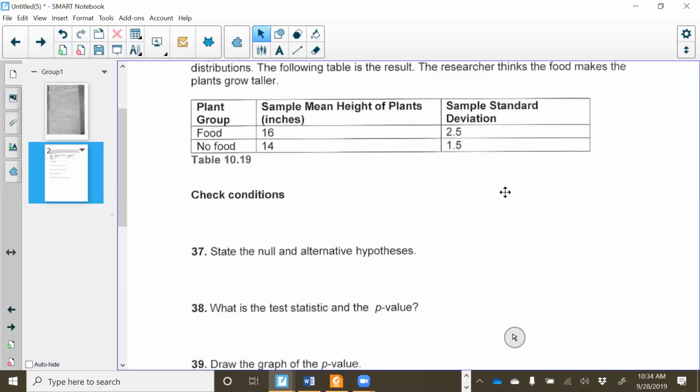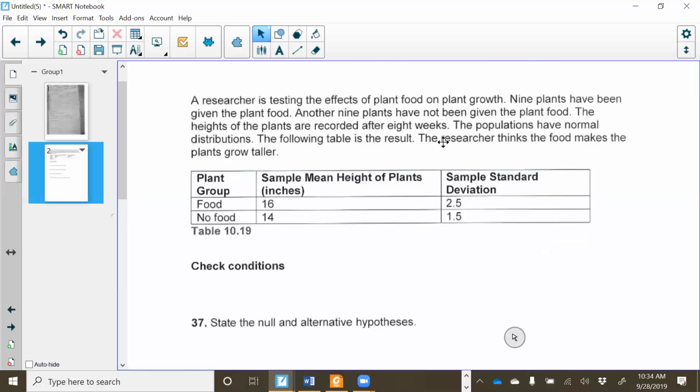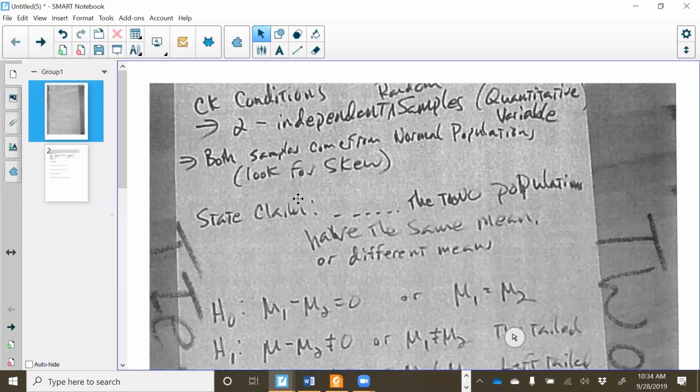So what are the hypotheses? Well, what's the claim? The researcher thinks the food makes plants grow taller, so the food improves height. I think that's the claim.